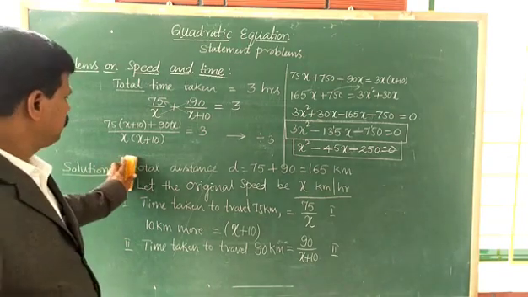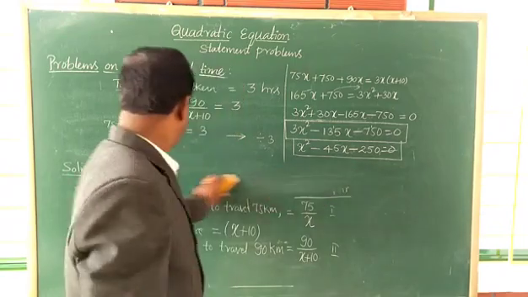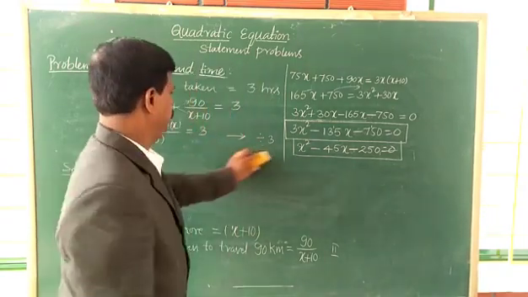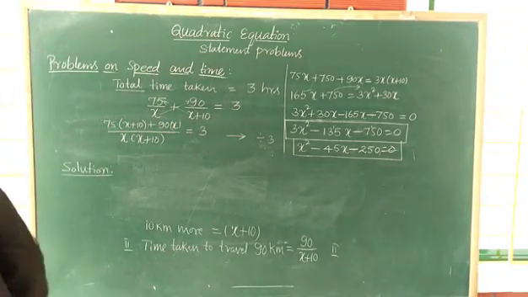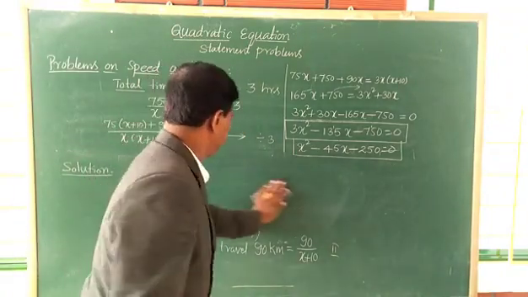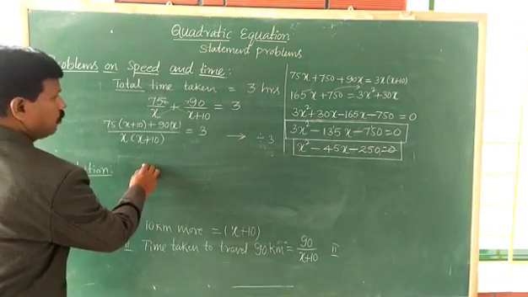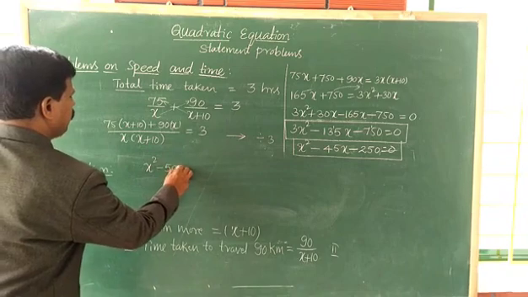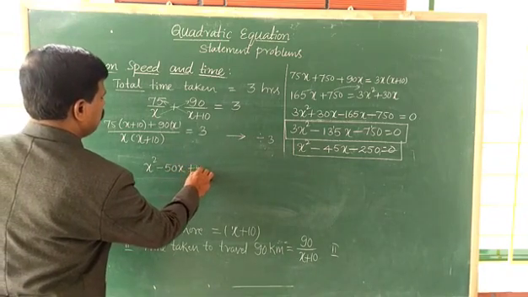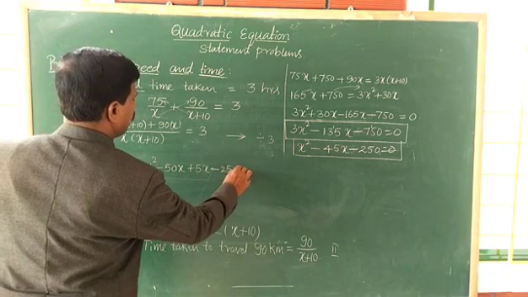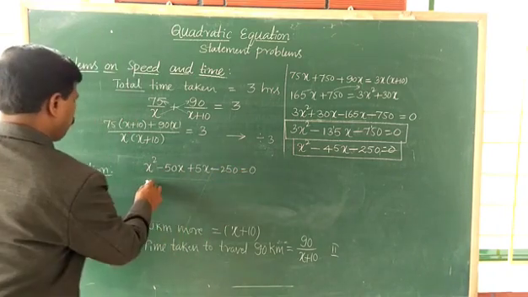So I am writing this: x square minus 50x plus 5x minus 250 equals 0.